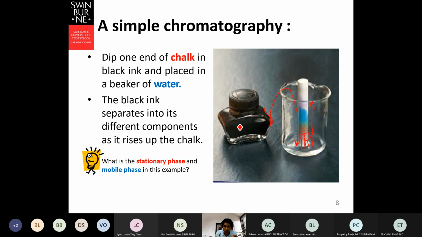But it does not go along with the water. It holds there, staying in that position of the chalk. So that's why it does not move up. That is why we say they get separated because of their different polarity, and the way they bind to this chalk is called adsorption.